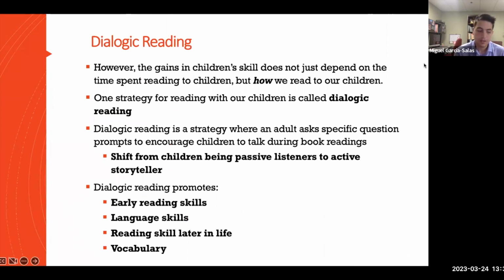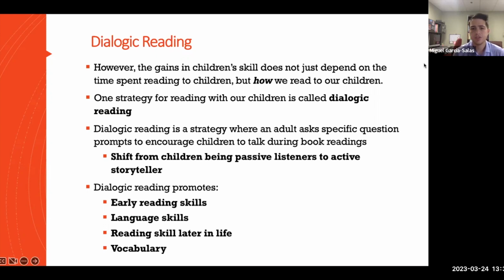However, the gains in children's language and literacy skill does not just depend on the amount of time they spend reading with a parent or with an adult, but instead how we engage in those behaviors. And so one specific strategy for reading with our children that is well researched is something called dialogic reading, which is the focus of our modules.